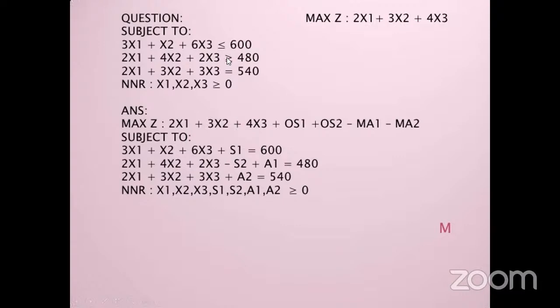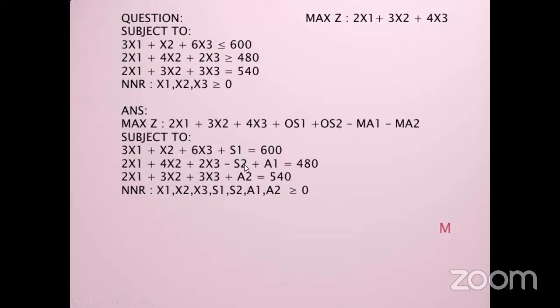The second one is a greater than or equal to equation. In that case, we need to subtract the surplus variable S2 and add the artificial variable A1, equals 480. For an equals equation, we only need to add the artificial variable A2, equals 540.